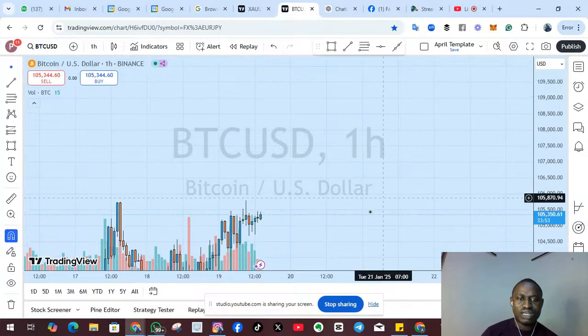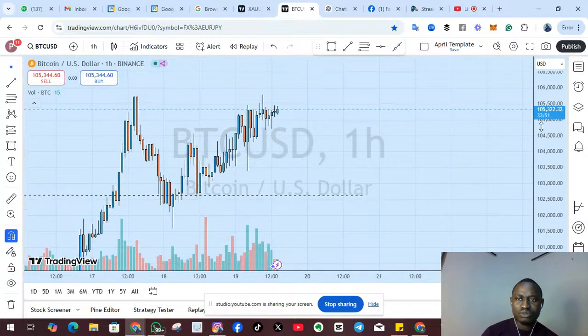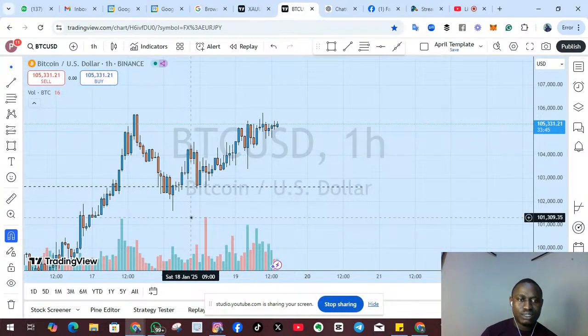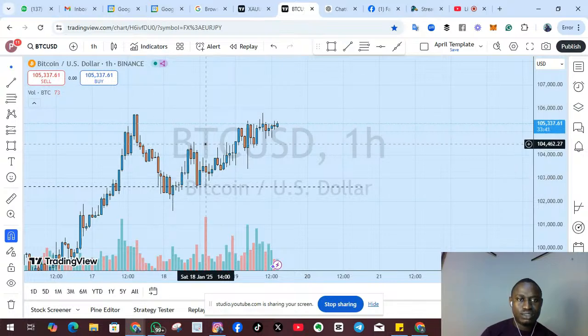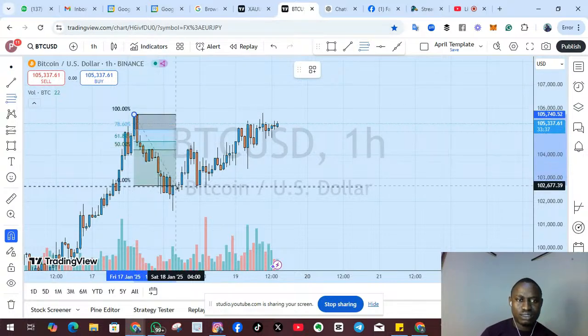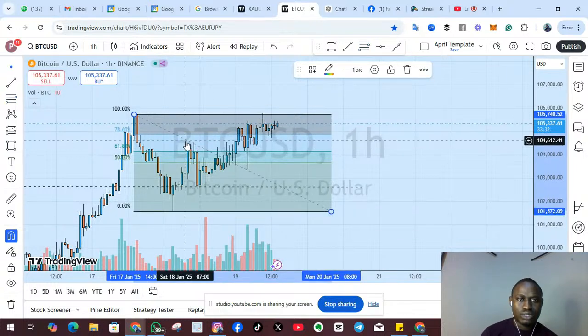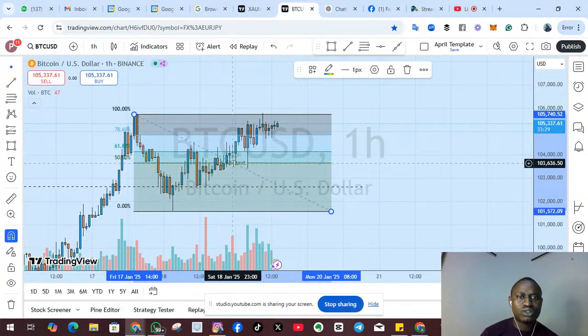You can see that we have a lot of small bullish candles here. So we are saying that it's a movement. Then this, so you look at this. You can see market came a little below this, came down, then went up again.